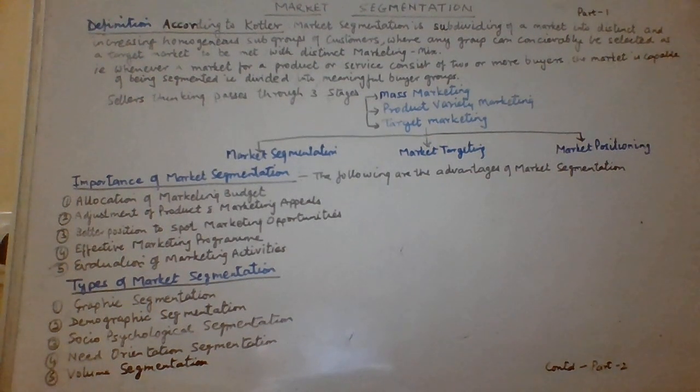Again, we can think about segmenting on the basis of the geography of the country, like urban, semi-urban, and rural. As far as India is concerned, 75% of the total population belongs to the rural area.